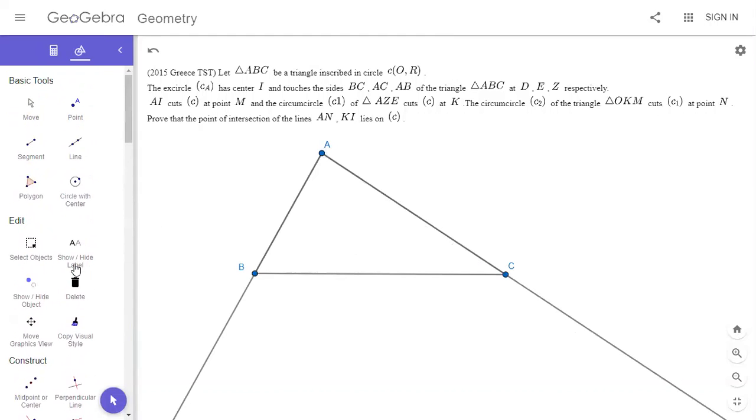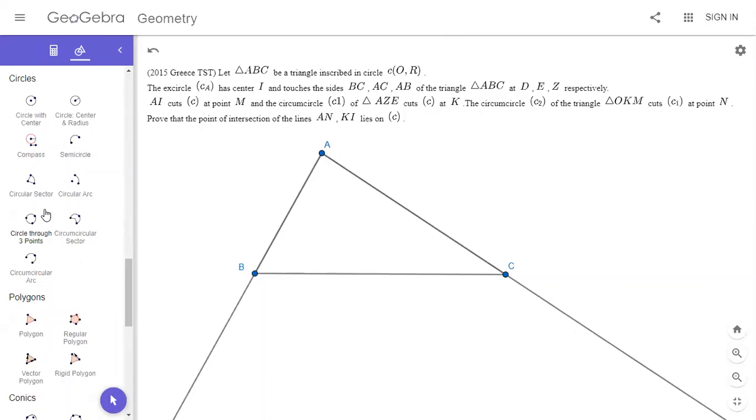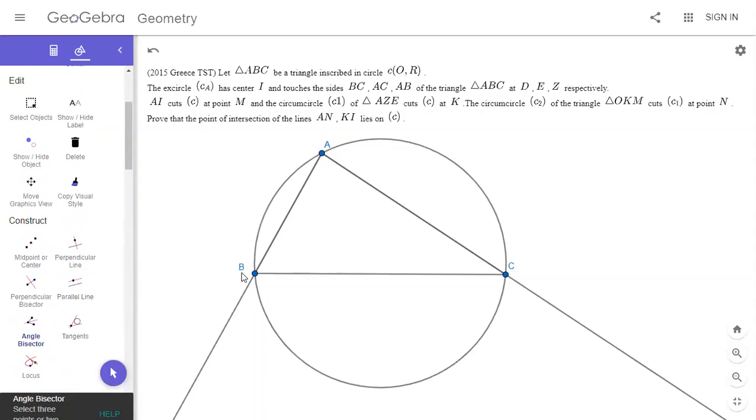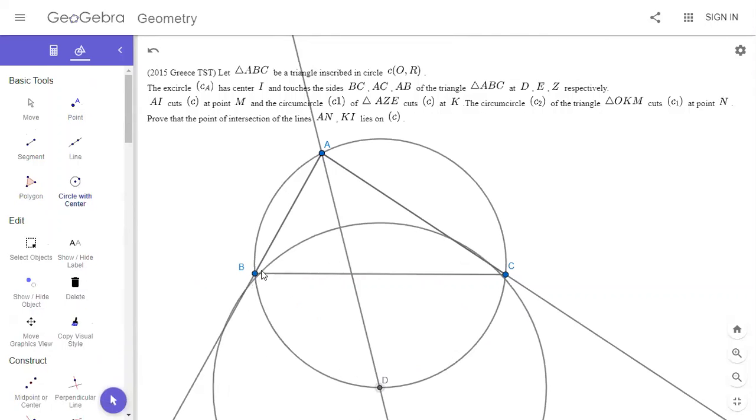All right, so we want to draw the excircle. Here's usually how I like to do the excircle. You can kind of use the incenter-excenter lemma. So the excircle, this is the center of it.